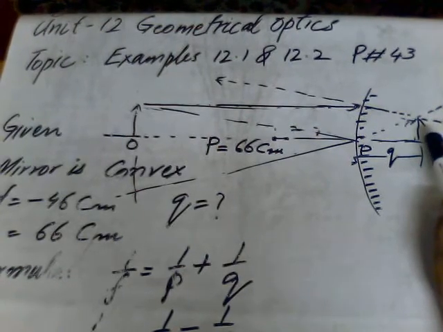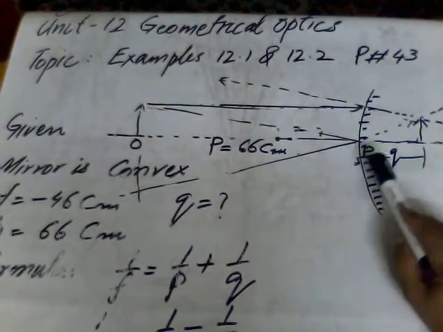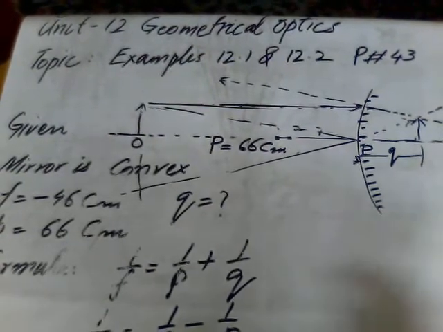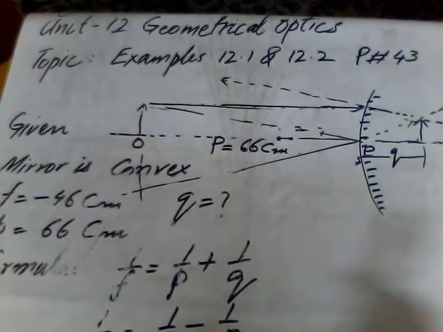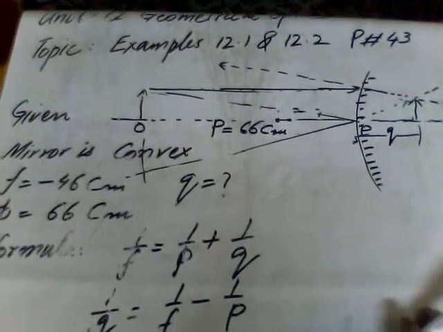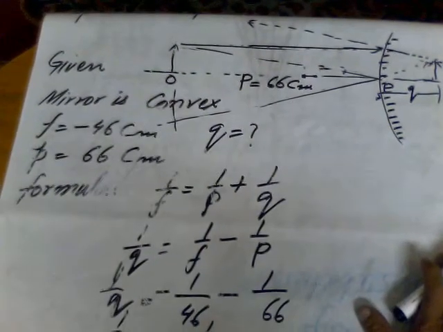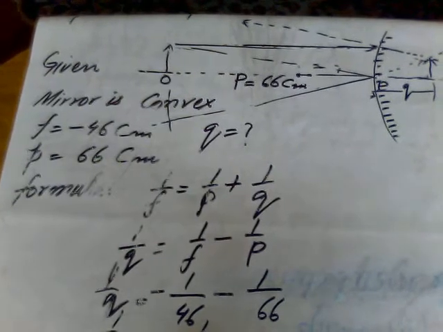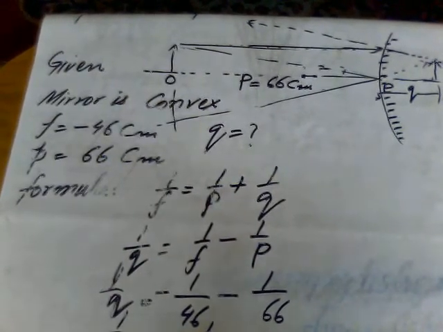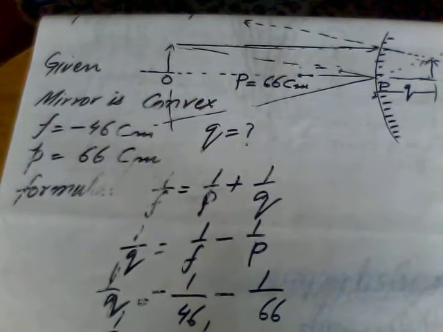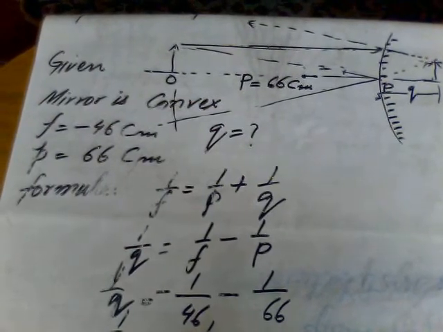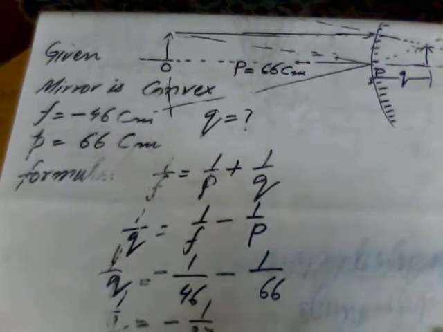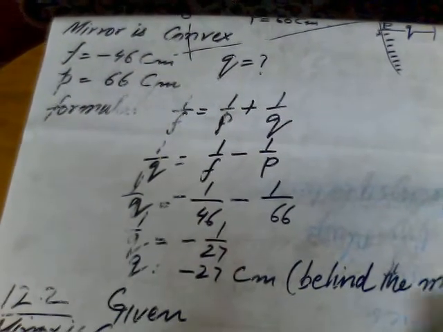Behind the mirror shows that the image is virtual. So the minus sign represents a virtual image, formed behind the mirror.